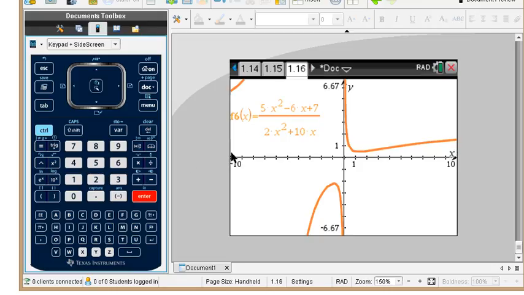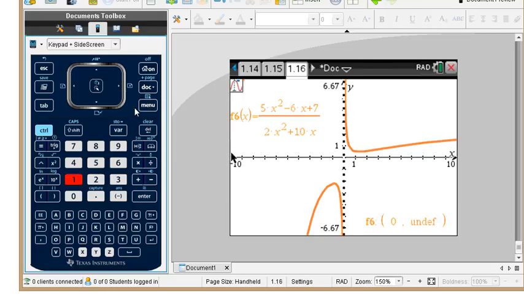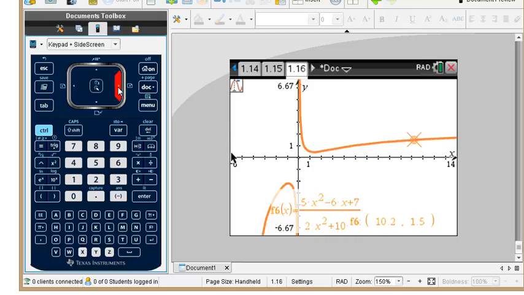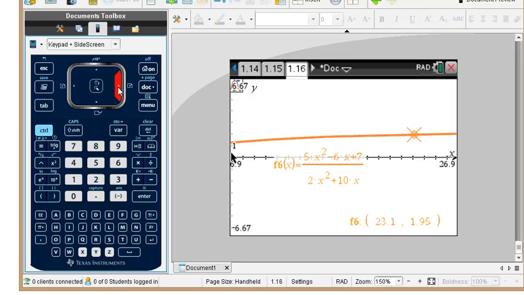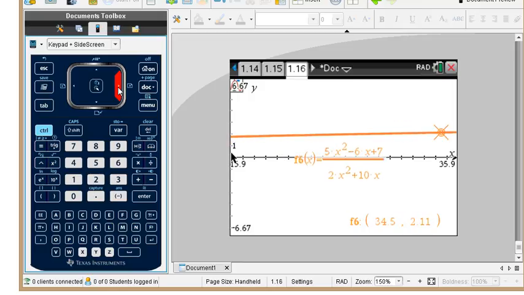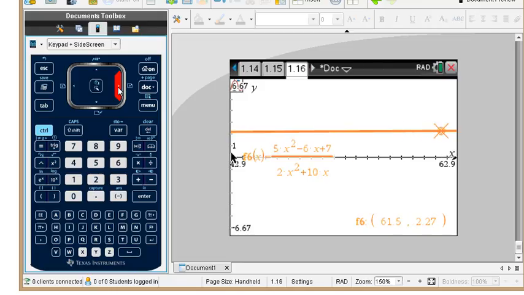So let's approach infinity by going menu, trace 1. We're just going to trace to the right here and look at the y values. We're going to the right, 1 point something, going up. Now it's going to 2, and we'll keep on going up. What is it going to approach? Well, we can stand here for minutes and get pretty close to 2.5.